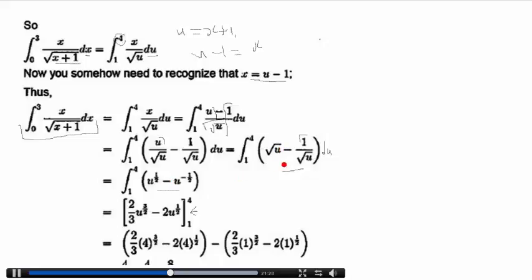And this is 1 upon root u, which is 1 upon u to the power half, because root u and u to the power half mean the same thing, they are equivalent.